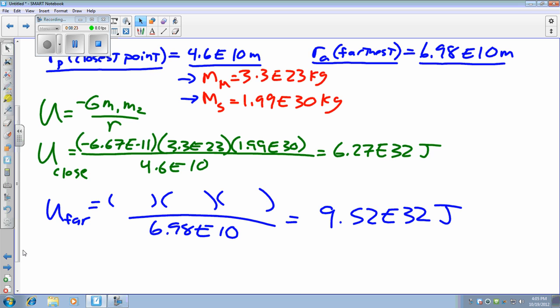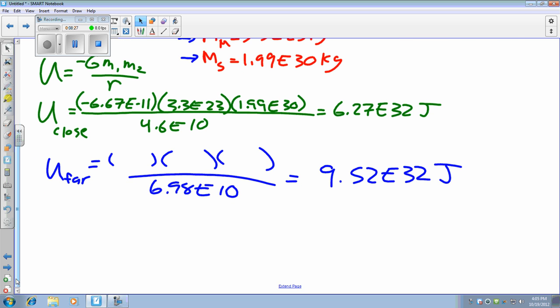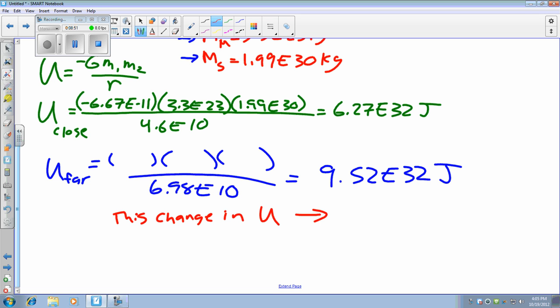Now, take a look at this for a minute. You should be able to do the subtraction without too much trouble. 9.52 minus 6.27 is still 10 to the 32 joules. That's a huge amount of energy. And if you look at the example in the book, the orbital speed of Mercury, this change in potential energy translates to a change of 20,000 meters per second.